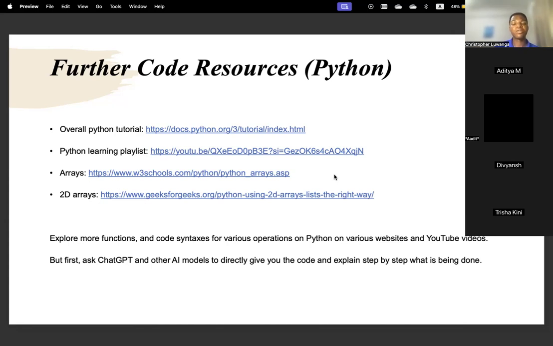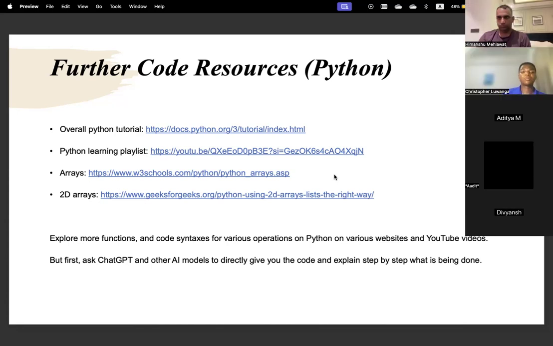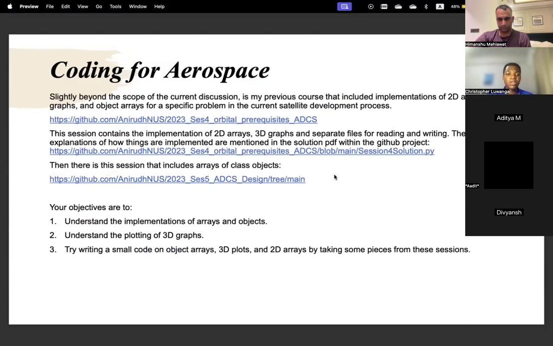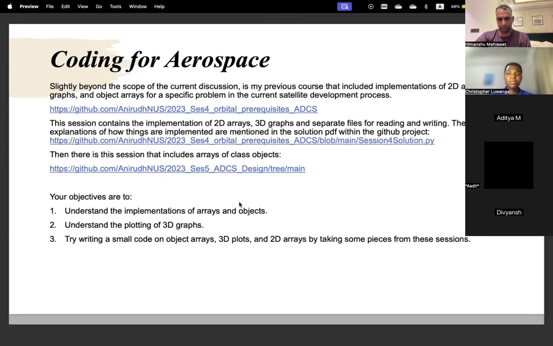You have to use it. At the same time, for you to know if code is good, it takes understanding. So you should look at traditional resources for learning Python and combine that with novel tools like ChatGPT. Okay, so this is for coding.